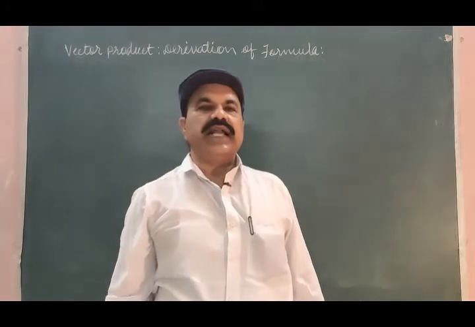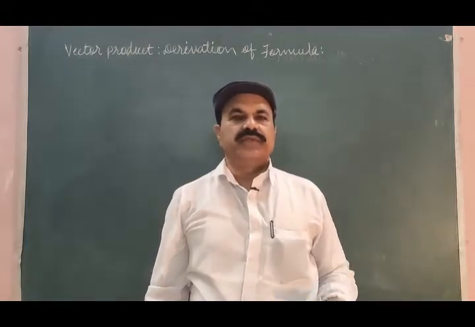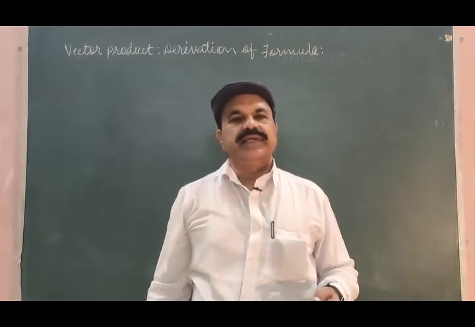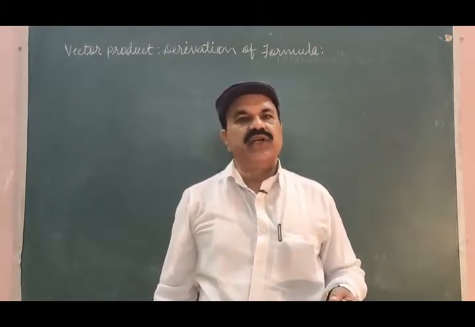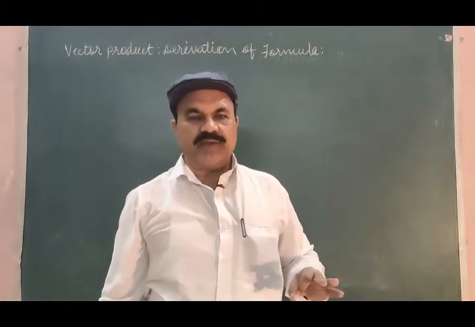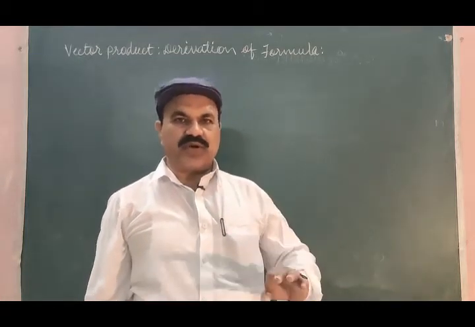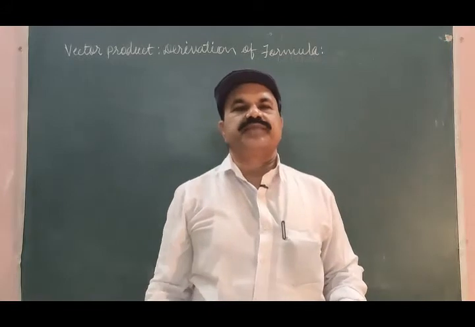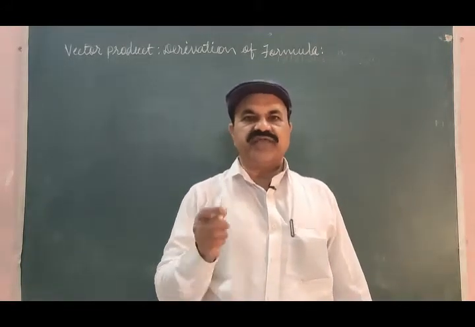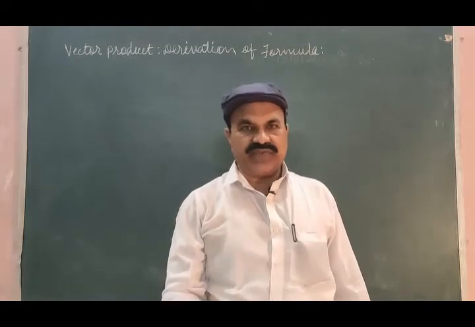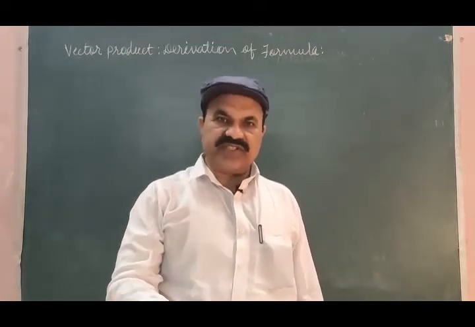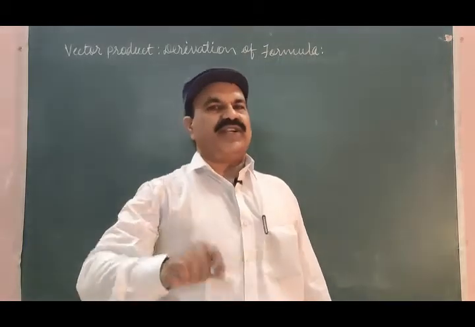In the earlier lecture, I explained the definition for vector product or cross product of two vectors. Cross product of two vectors is known as vector product because the result of the cross product of two vectors is also a vector.